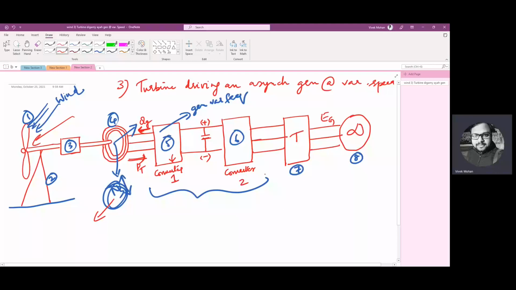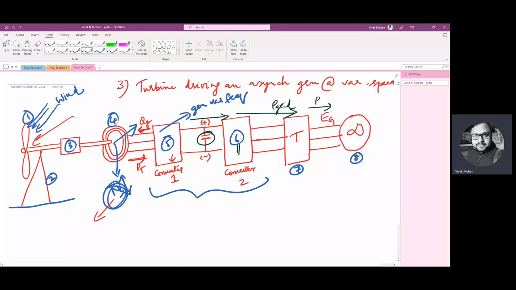Now the constant DC link voltage here, and the converter 6, this one, carries the active power to the converter. And from here again to the grid. So this is active power to the grid.